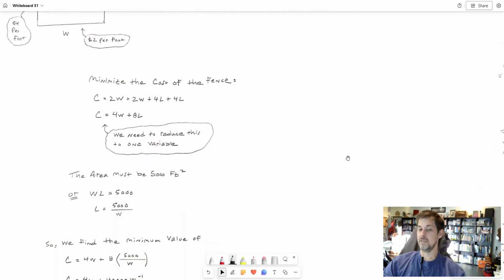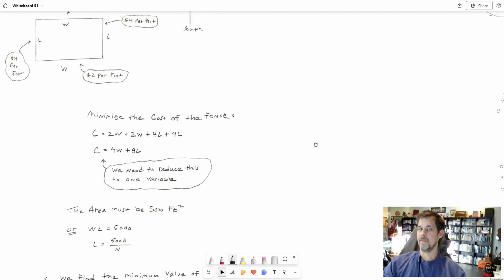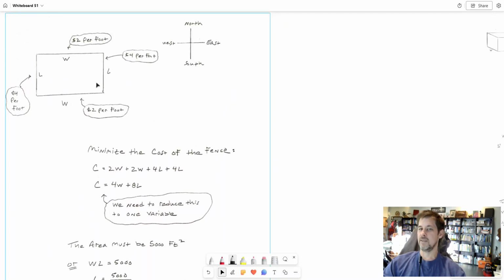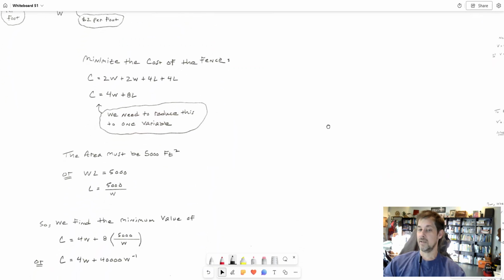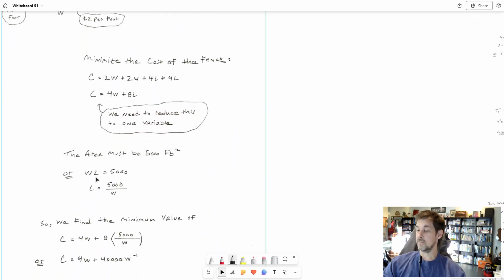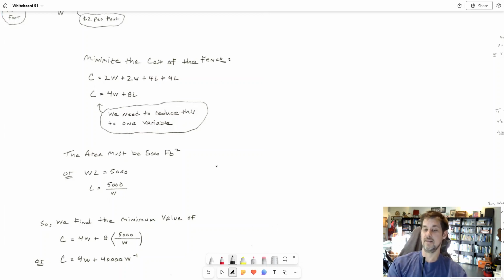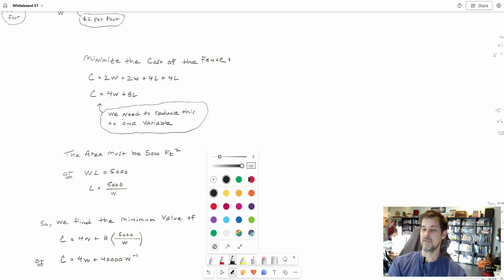So what I do is this. The area must be 5,000 square feet. What does that mean? Well, the area of a rectangle is the width times the length. So that means that the width times the length, or W times L, must be 5,000. I could solve this for either W or L, and then I could make a substitution and get rid of one of these variables.